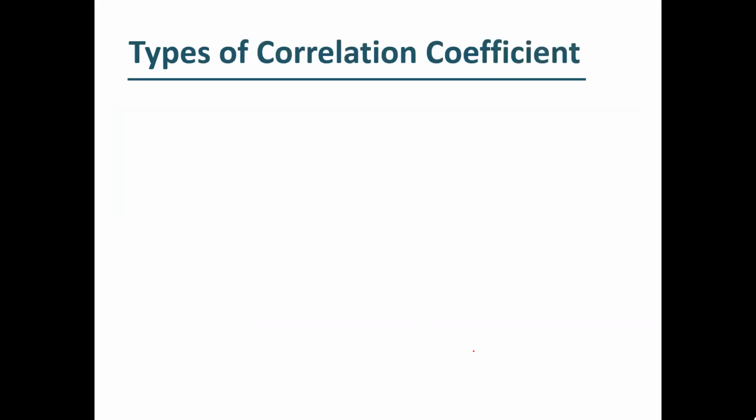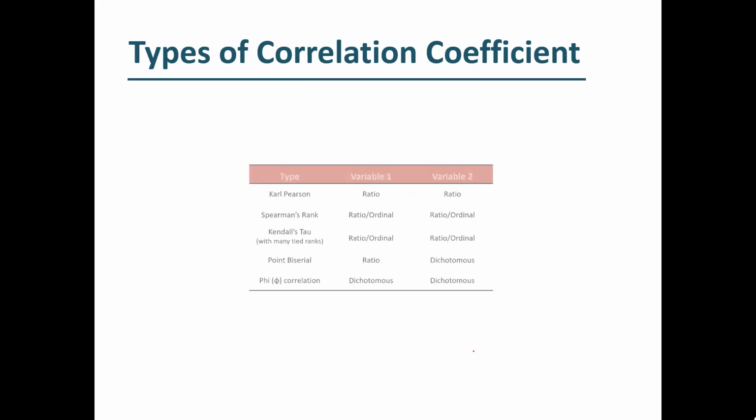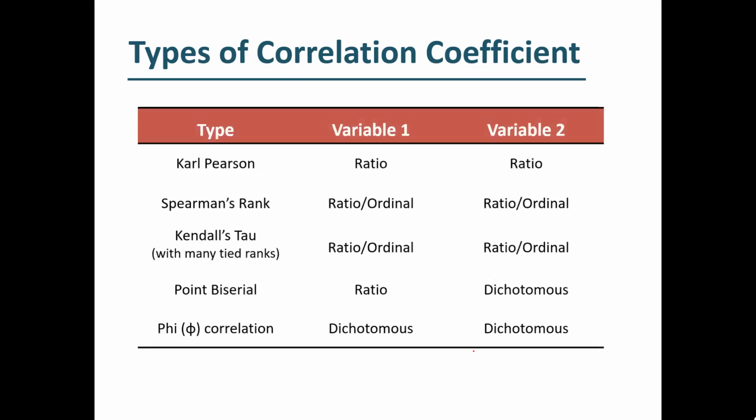Now let's understand various types of correlation coefficient. See this table. As I said, the selection of the correlation coefficient is very important because it depends on the nature of the data, whether you have qualitative data or quantitative data. So first is Karl Pearson correlation coefficient.